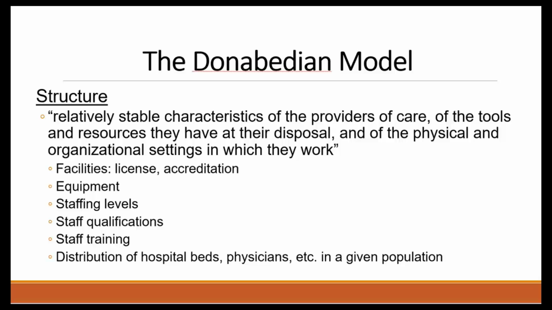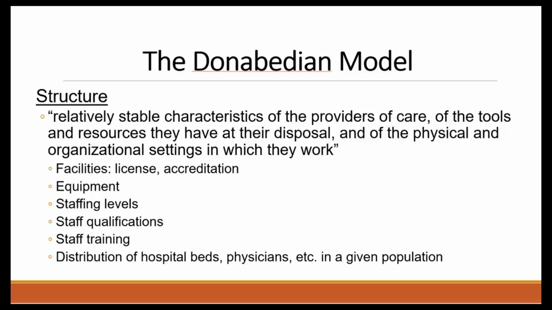Structure, process, and outcomes are closely linked and are also hierarchical. Structure is the foundation of the quality of healthcare. Good processes require a good structure. So in other words, deficiencies in structure generally have a negative effect on the processes of healthcare delivery.